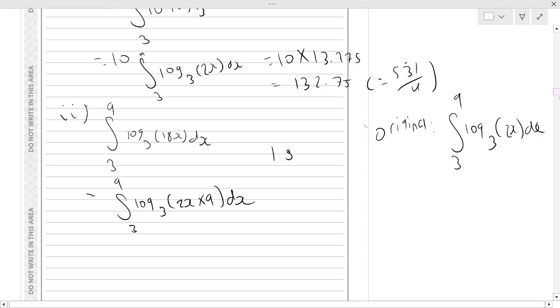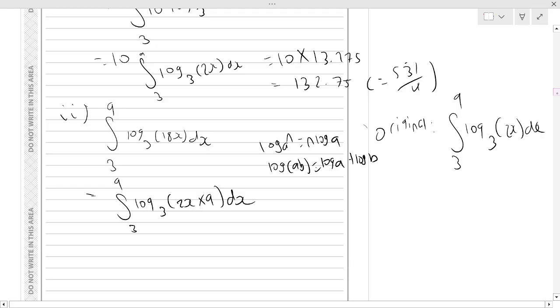The reason I want to multiply is that with this sort of question, you need to bear the log rules in mind. You have this log rule, which is log of a to the n is n log a. But also the other one is log of ab is log a plus log b. Those are the two log rules you need to have at the back of your mind. So here I need to have some sort of product.